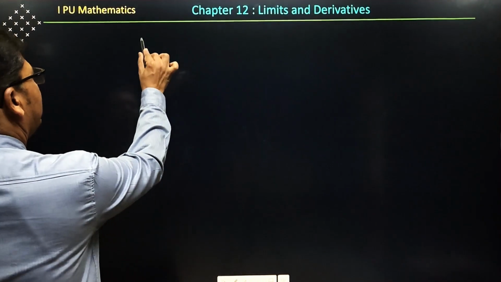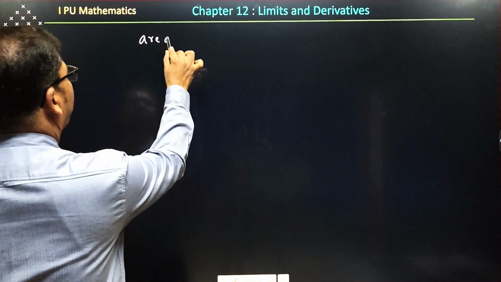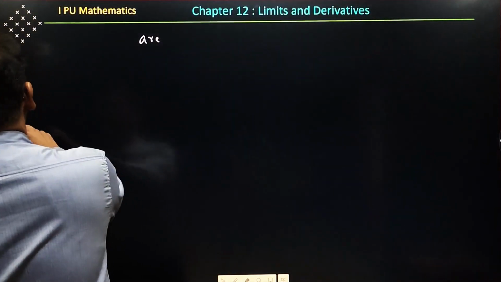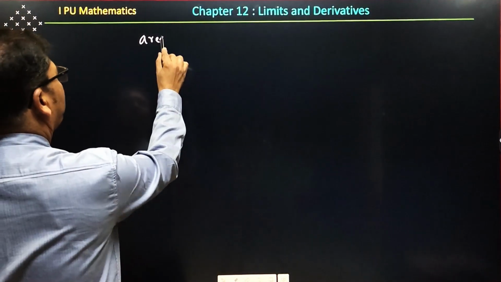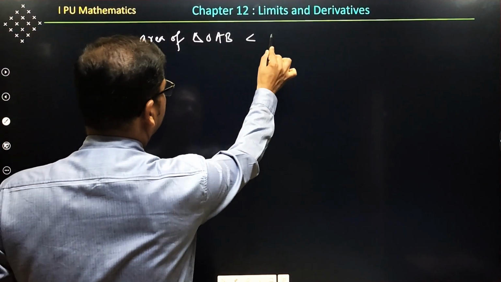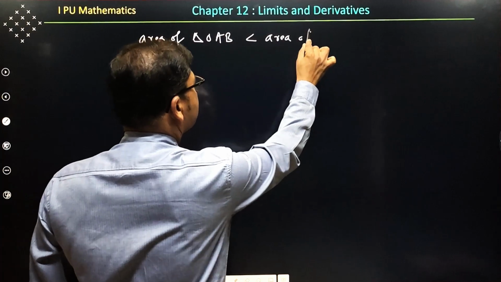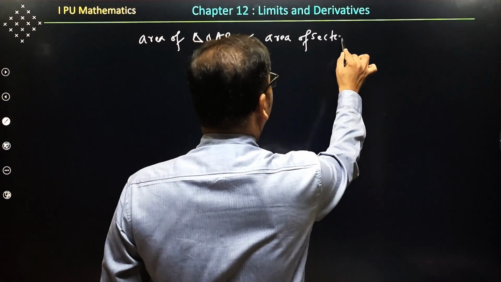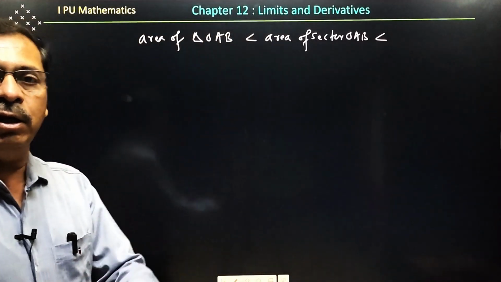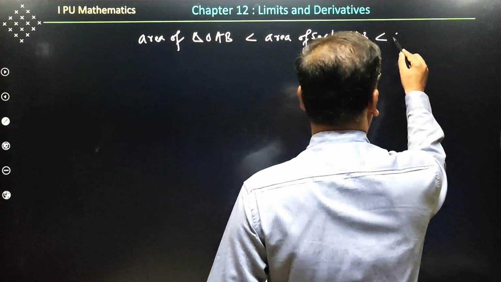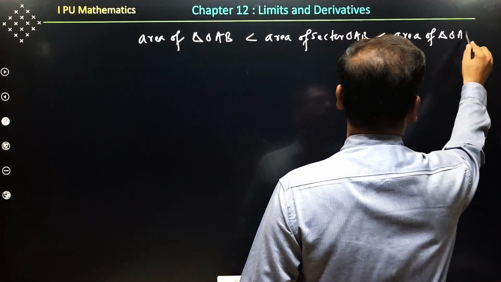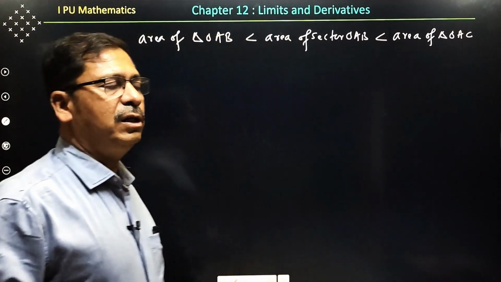how can we write here? Please concentrate, area of triangle OAB is definitely less than area of sector OAB, which is definitely less than area of triangle OAC. Okay, this is the inequality.